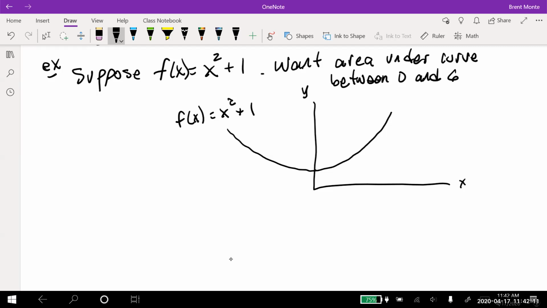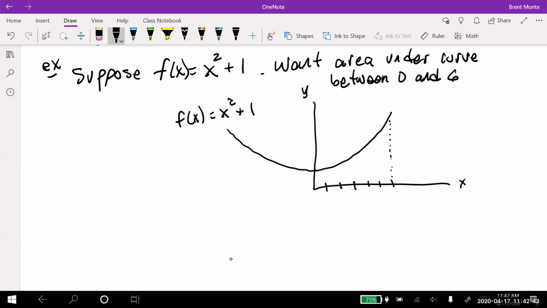If I do that area and I go out to 6, and I'm going to have a small scale on my x so that I can fit everything in, so let's say this is 1, 2, 3, 4, 5, 6. If I want this area under that curve, that's not a line. That's not a triangle. I can get a rectangle on the bottom, but that's still not a triangle on the top because that's a curve, not a straight line.